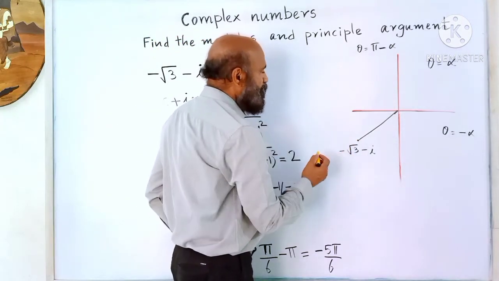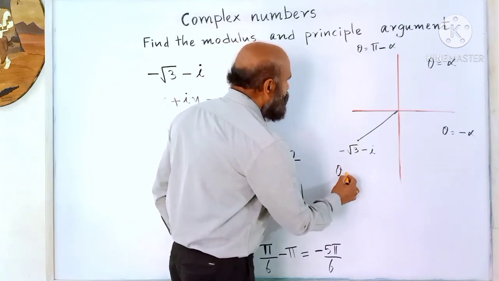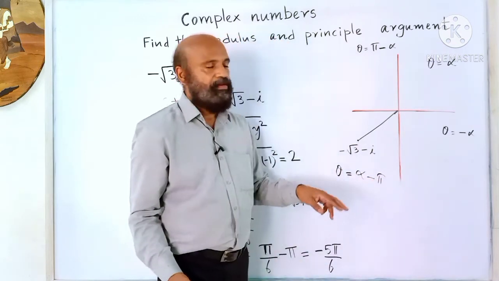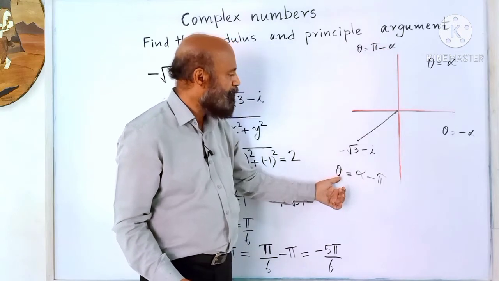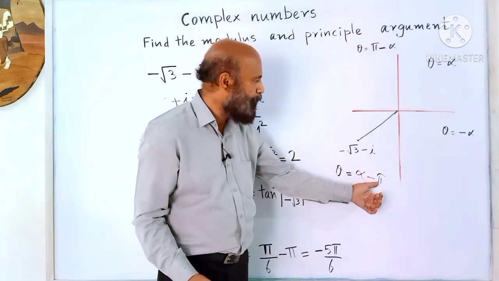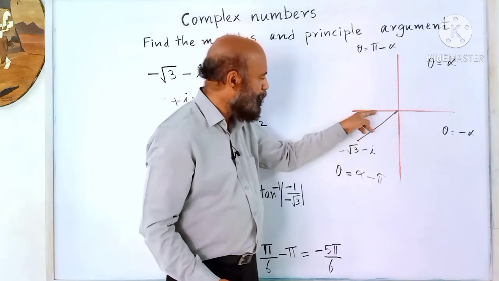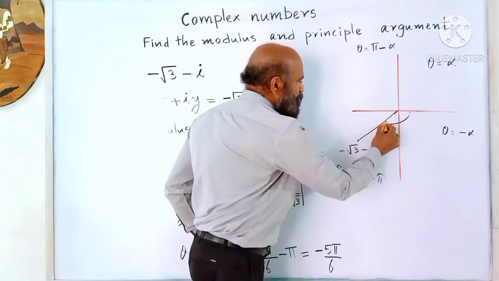When it is in the third quadrant, the angle theta is given by alpha minus pi. When it is in the second quadrant, pi minus alpha. When it is in the third quadrant, alpha minus pi. So this is minus pi plus alpha. So this is the theta.